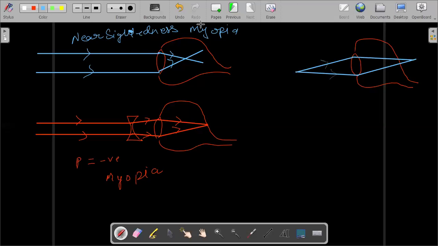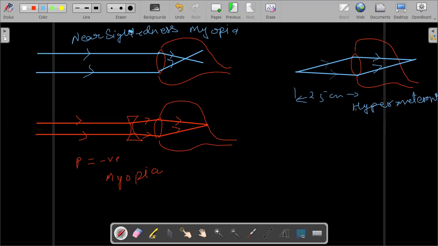So here the object is placed at 25 centimeter and the person is not able to see it. This case is called hypermetropia, far-sightedness. That means far objects are visible clearly.